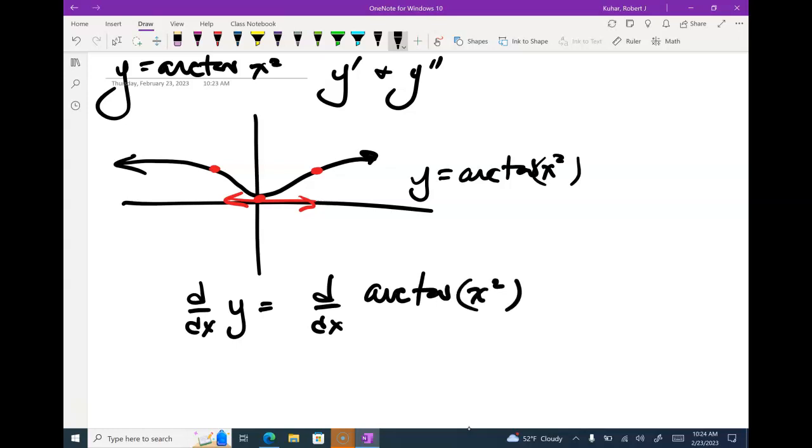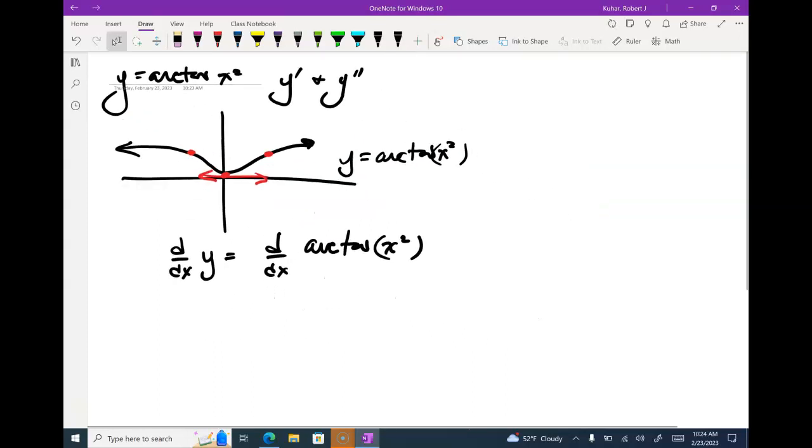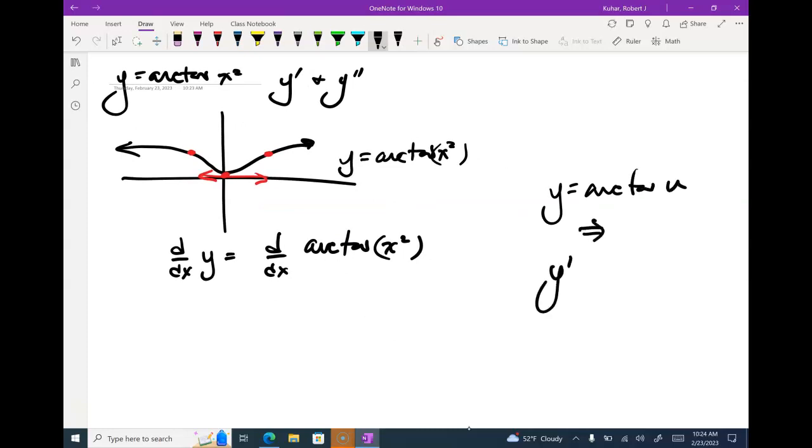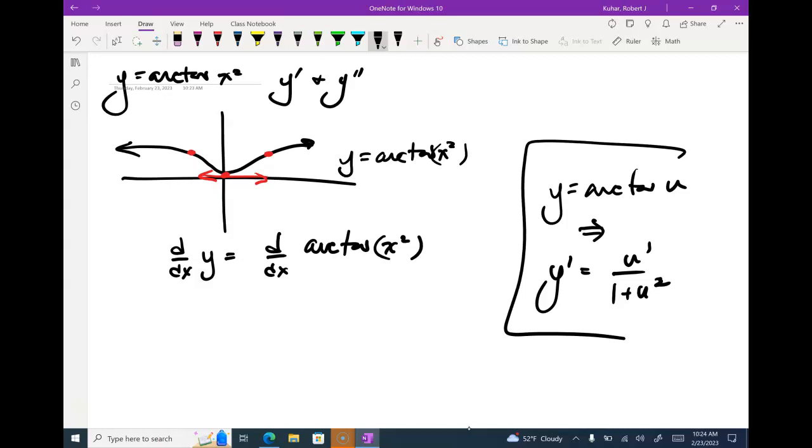Now, when I do this, I want to have my little formula ready, right? I know that y equals arctan of u gives me y prime is u prime over 1 plus u squared. And you'll see that me doing this derivative is quite different than doing the derivatives in the past. Because what do I need for my derivative? I need u squared and I need u prime.